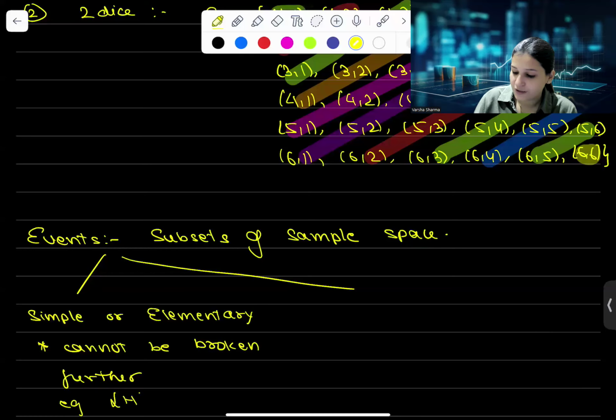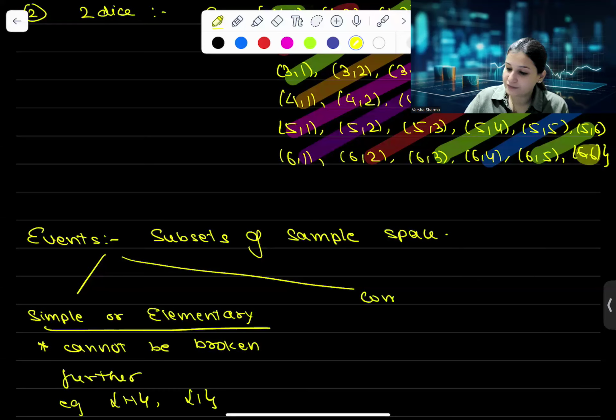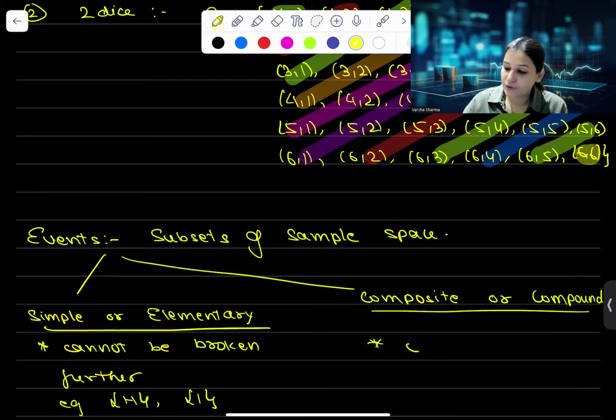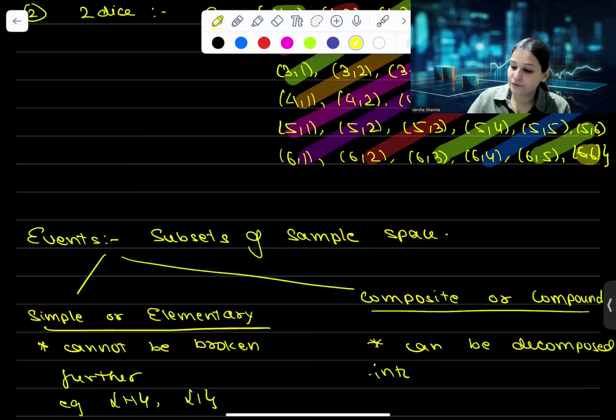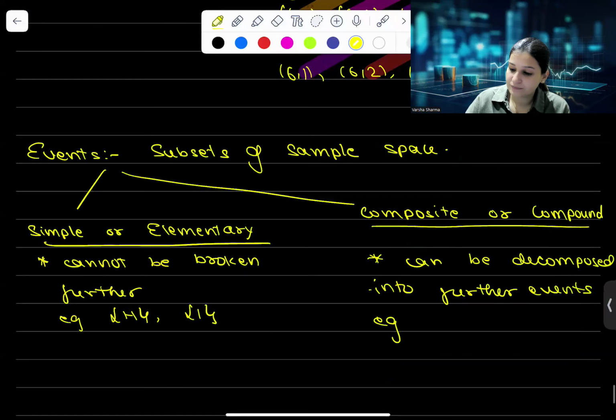Example, a single head, a single one. Composite or compound events can be broken down, can be decomposed into further events. Example, HTTH. I can break it down.